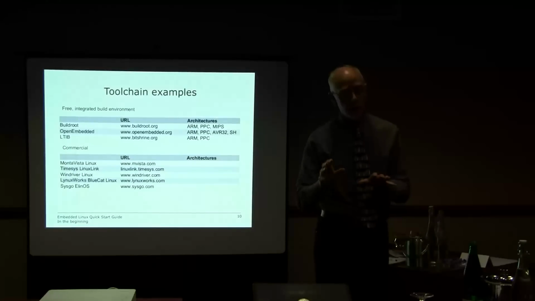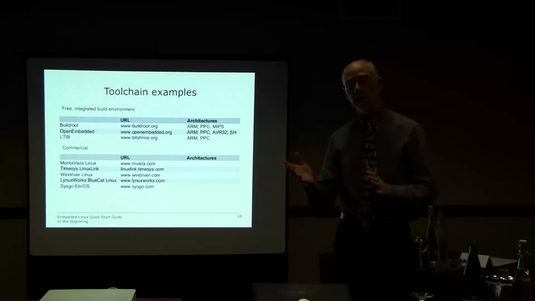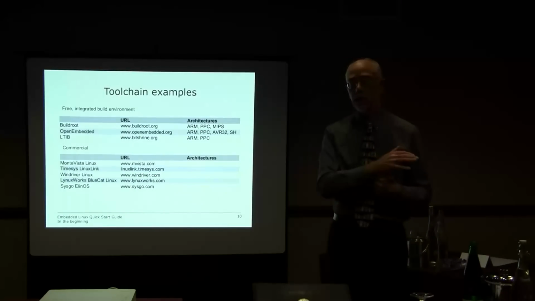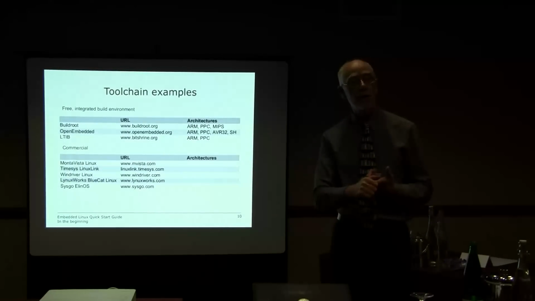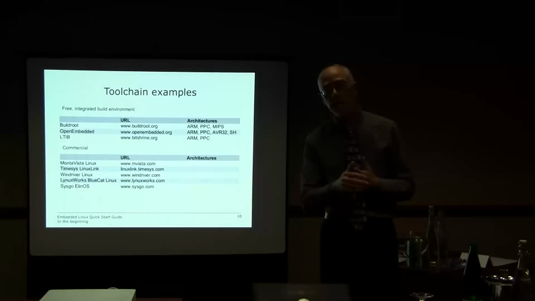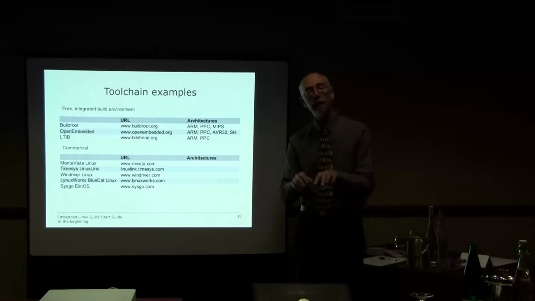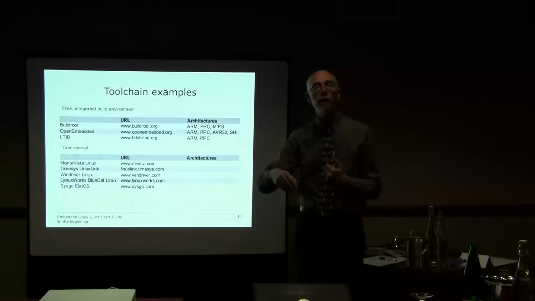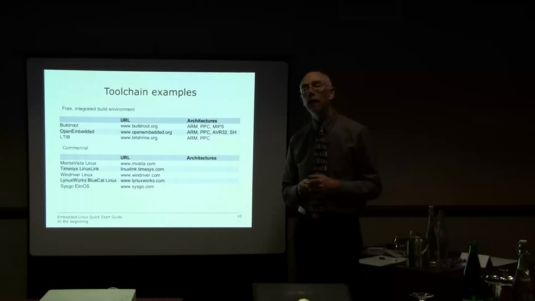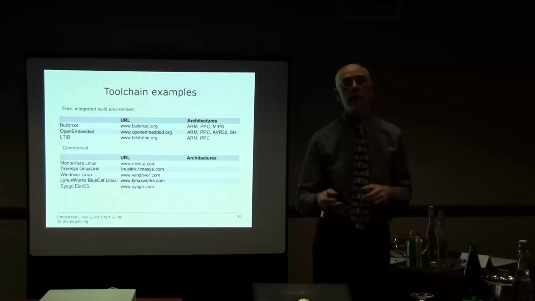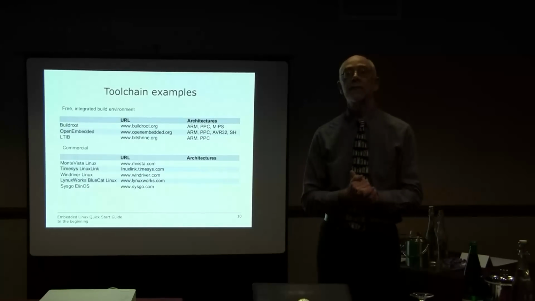So you'll run that and select which compilers you want, or which targets you're going to compile for, various other development libraries you may want. And then typically you just type make, and it will download all the source code and cross-compile everything and put it all in the right places.